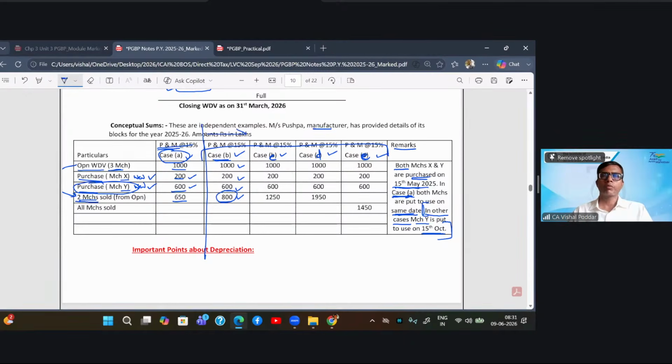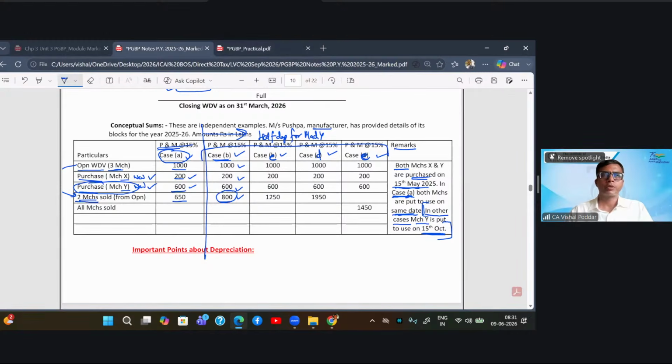So from B onwards, you will have half depreciation for machinery Y. Correct? Why will you take half depreciation for machinery Y? Because the put to use date is after 2nd October. So from case B onwards, the one common point that you have to keep in mind is this machinery Y will now get half depreciation.